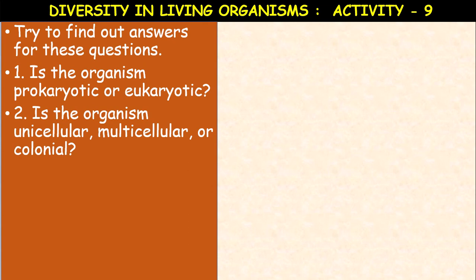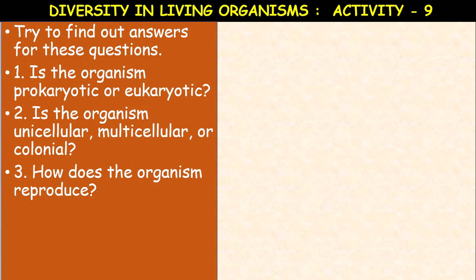Is the organism unicellular, multicellular or colonial? That is, unicellular or multicellular or living in a group. Next, how does the organism reproduce? Whether asexual reproduction or sexual reproduction. If it is asexual reproduction, then which type of asexual reproduction?